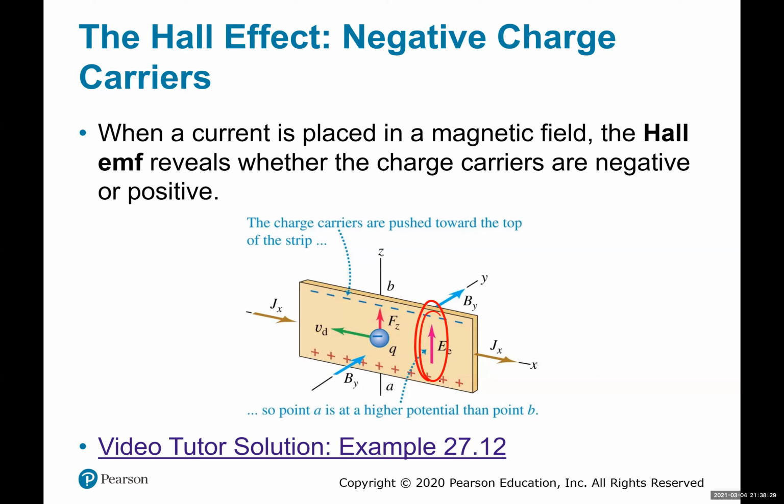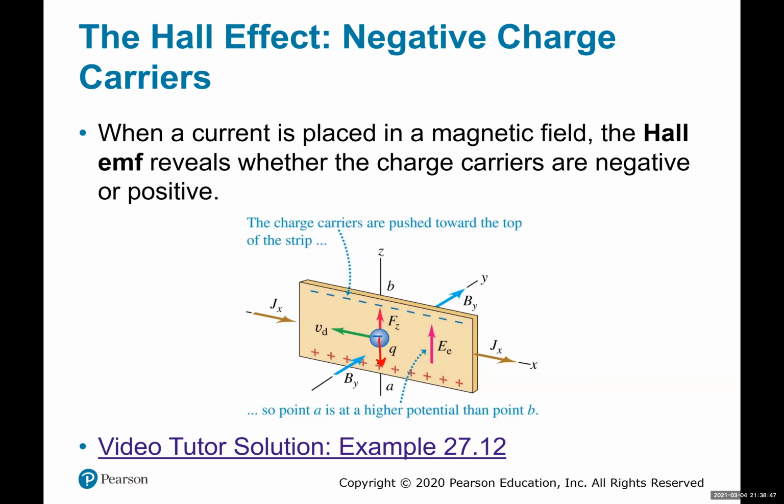That electric field would tend to exert a force down on your average garden variety electron, which would cancel the magnetic force.